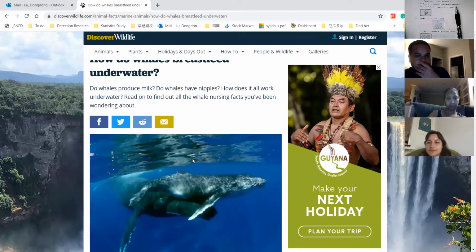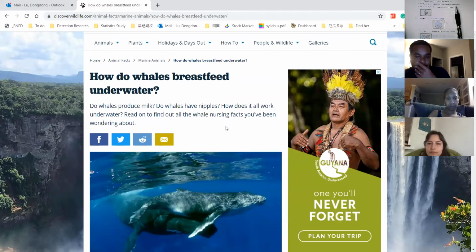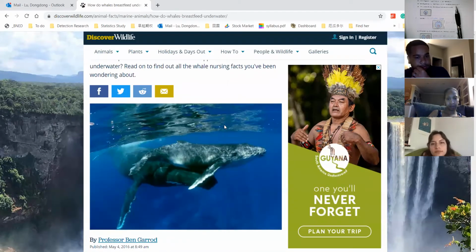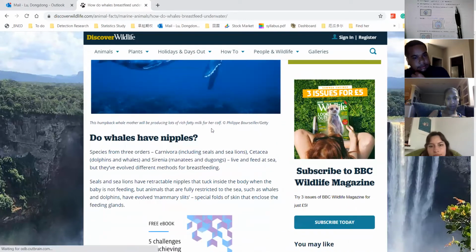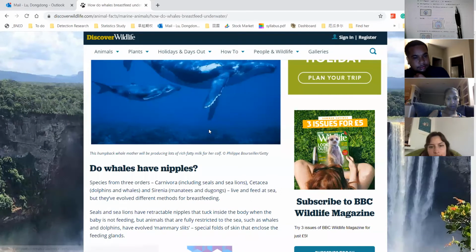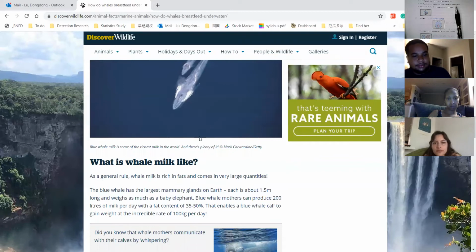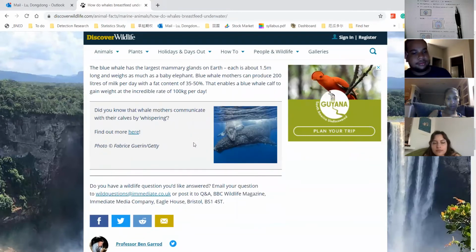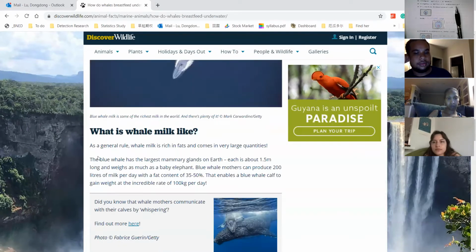This is a scientific report for the public, but after glancing through those pictures, you definitely know that whales do have nipples and whales do drink milk. So we are sure that whales are indeed mammals. I will leave that checkup to you.